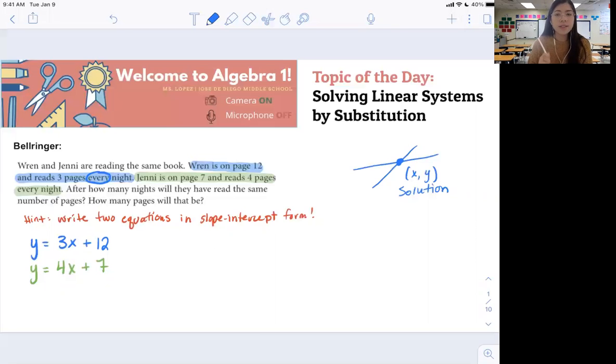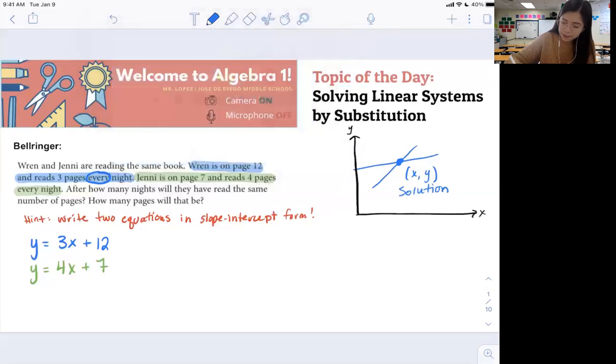Okay, so plugging in zeros is a strategy that we use to find the x-intercept and the y-intercept. But don't get those two things confused. I know that they can kind of sound similar, but let's clear that up right now. So if I have a little graph like this, that's my y, that's my x-axis.